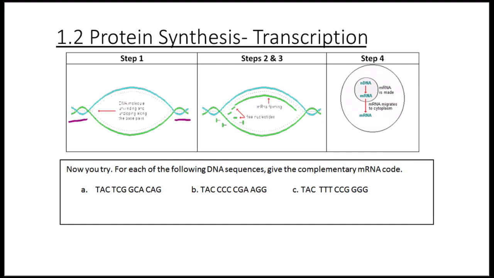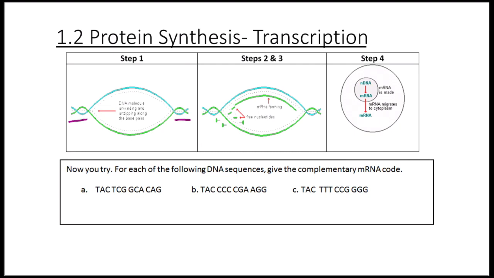If we look at step 2 and 3, the ribonucleotide of RNA, which is just the base nucleotide of RNA, comes in and pairs with the single DNA strand, forming our new mRNA strand. This pairing only occurs in this one section where the gene is, not through the entire length of DNA. So that's why you can see that some parts of it are still zipped up.